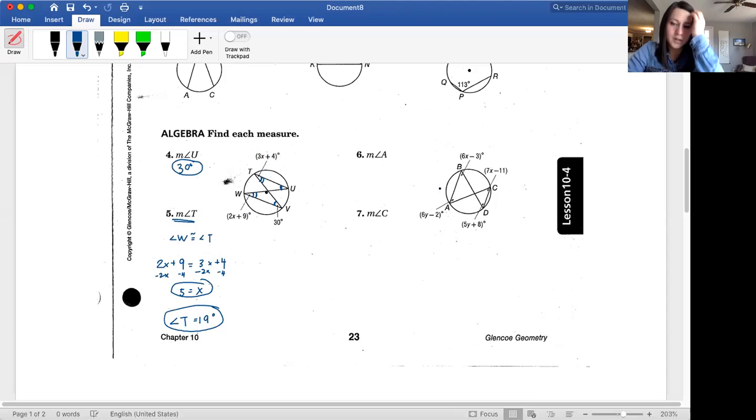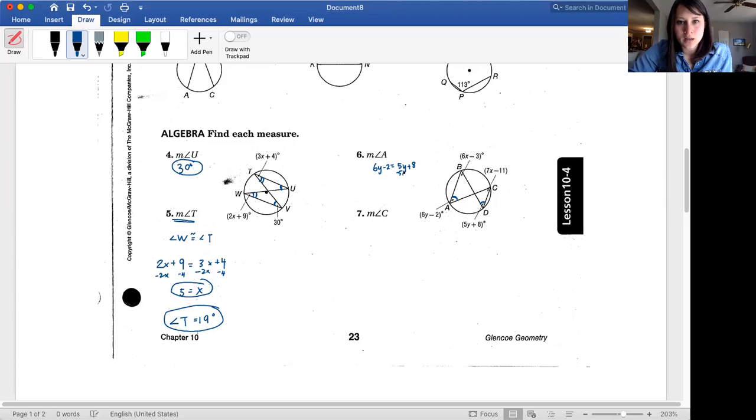All right, looking at this picture now, angle A. So you need to identify which two angles are congruent. A and D are the congruent angles. So make sure that you set those up as equal, not A and B, not A and C, right? A and D are congruent. So 6y minus 2 equals 5y plus 8.